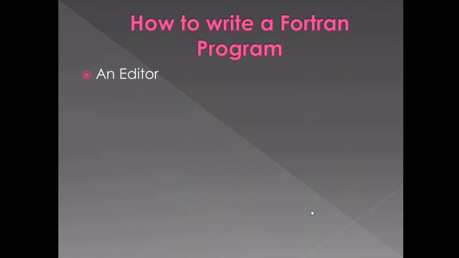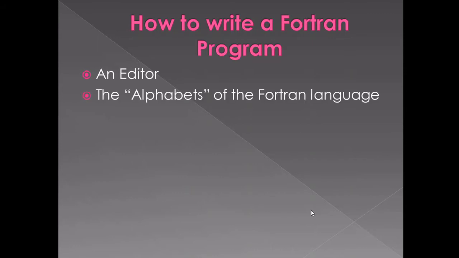Now, for any language, as I told you, we need to know the script, how to write. So what script can we use to write a Fortran program, or what are the alphabets of the Fortran language?